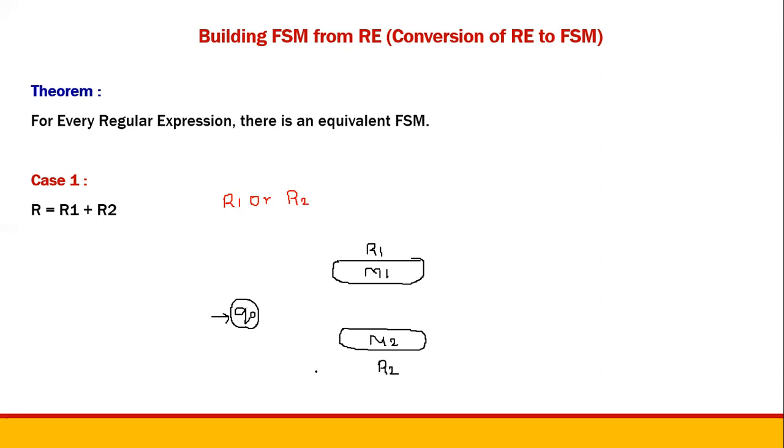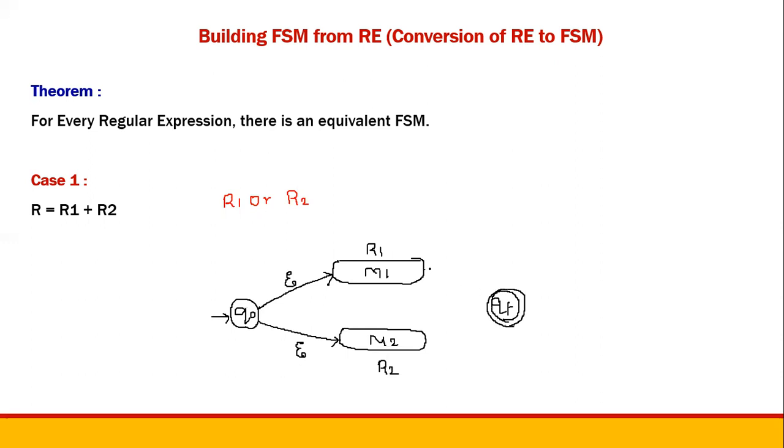Once it reads epsilon, it can read regular expression 1, or upon reading epsilon, it can also read regular expression 2. When it reads either R1 or R2, it will reach the final state, QF. Any name I can give, I am giving it as QF.